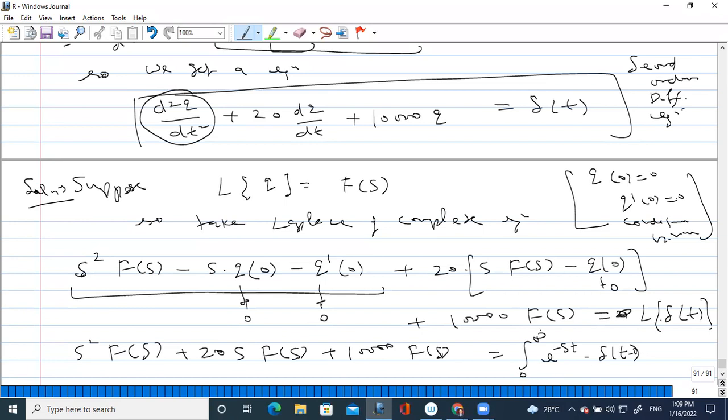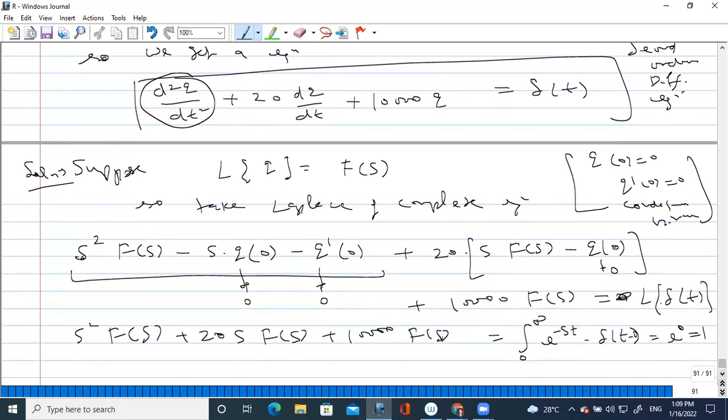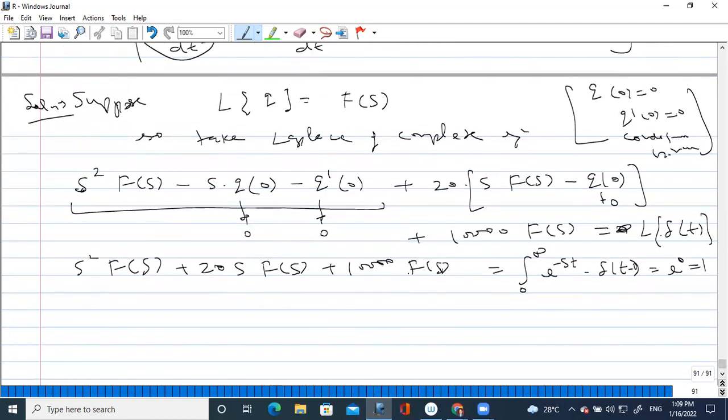So 0 is also in between 0 to infinity. So the answer will be f0, which is e to the power 0, and that is 1. So from here, if you take fs common, fs will be 1 divided by s square plus 20s plus 10,000.